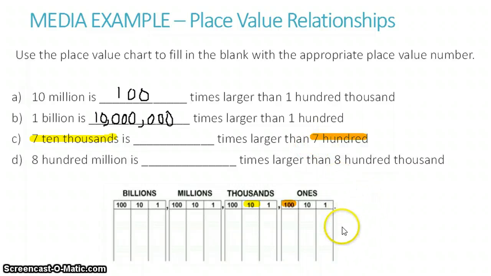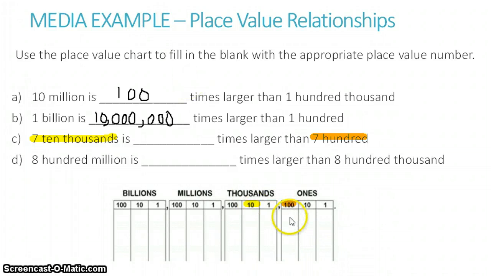So I think you'll agree that if we had 7 tens, that would be 7 times larger than 7 units, because each single 10 would be 10 times each single unit for all 7 of them. So as long as the numbers are the same, we can use this same idea.